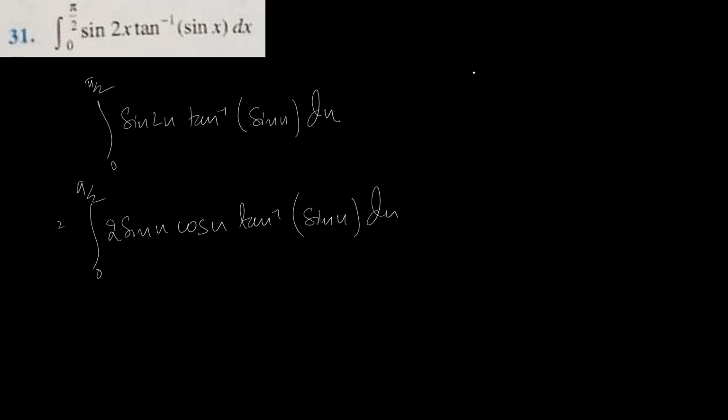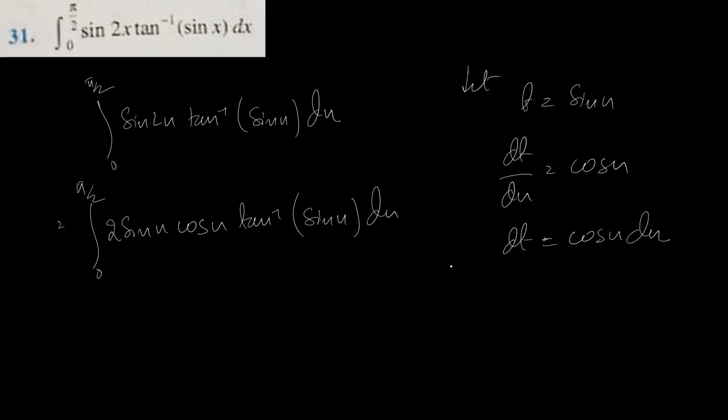If I take t equals sine x, dt by dx is cos x, so dt is cos x dx. The 2 is constant, so it will be outside: 2 integration 0 to pi by 2 sine x cos x tan inverse sine x dx.